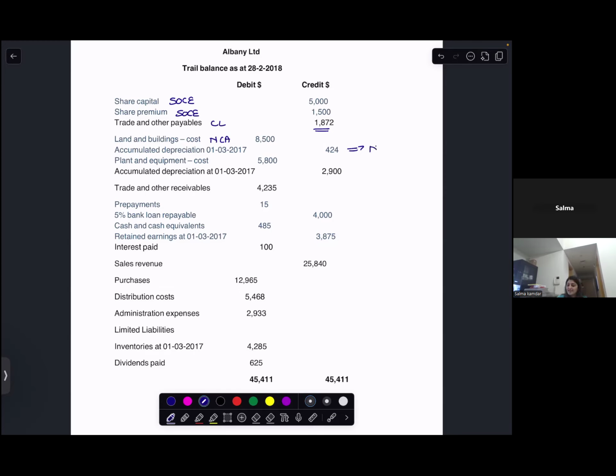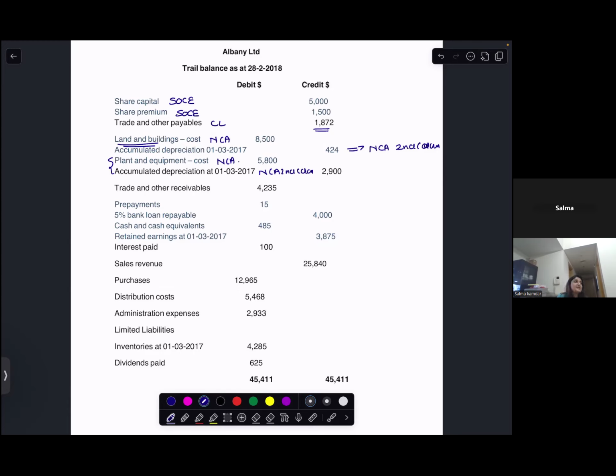This goes in NCA second column. I hope you know the format of your income statement and your statement of financial position. So this is one asset that we have, that is land and building. And we have another asset, plant and machinery, NCA and NCA second column.